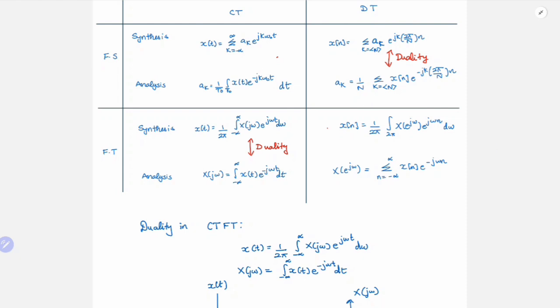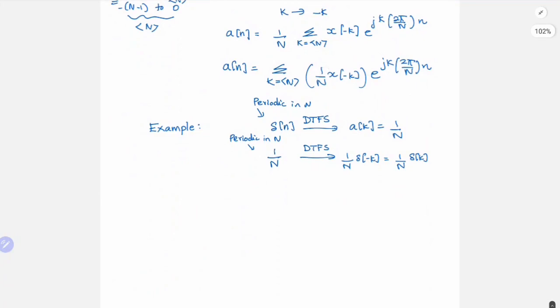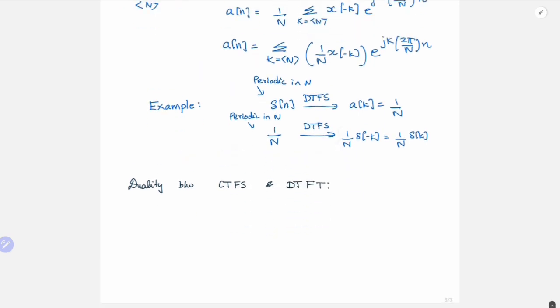Here you have a finite integral, here also a finite integral. So we can say that there exists some duality between them. That is what we will see now: duality between continuous time Fourier series and discrete time Fourier transform.